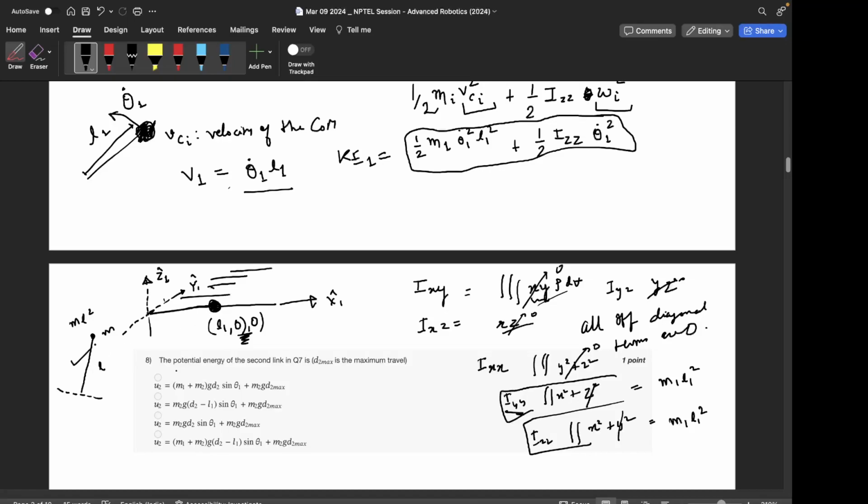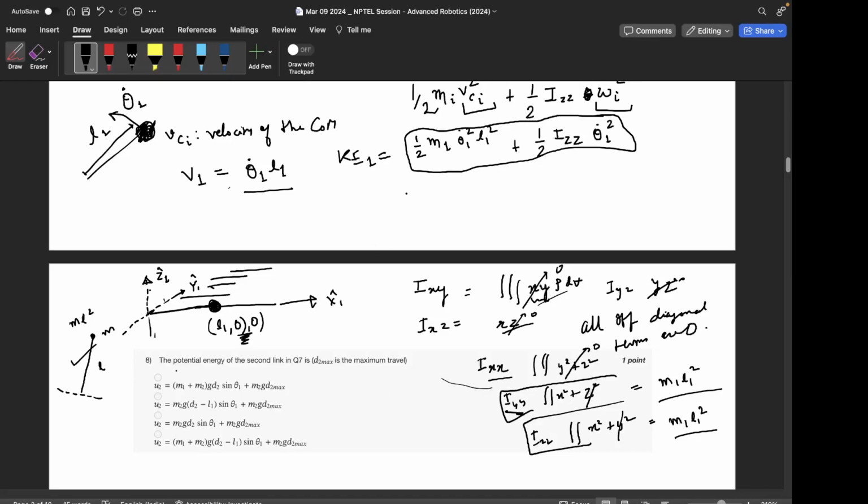So the same scenario as this, and the inertia will be m1 L1 square. From the z-axis, the mass is distributed precisely at L1, right? So a point mass at a distance L1 from the z-axis, inertia will be this. And along x it should be 0 because the mass is itself on the axis, so the distance is 0. So about x it should be 0, and it is 0 in fact.